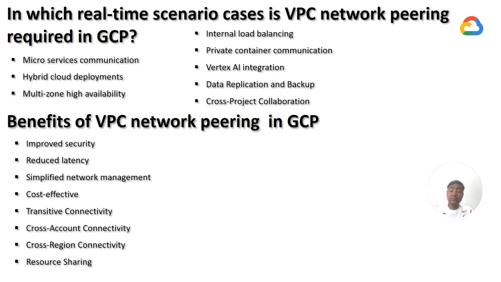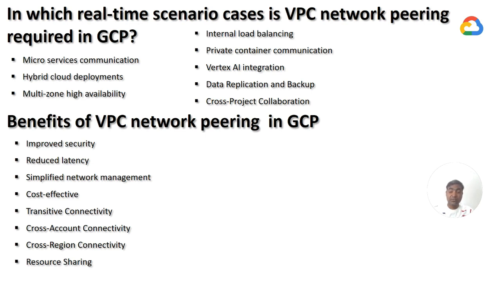Cross-account connectivity: VPC peering can be established between VPCs in the same account or a different account. This is particularly useful for organizations with multiple business units or development teams, allowing them to securely share resources across accounts.